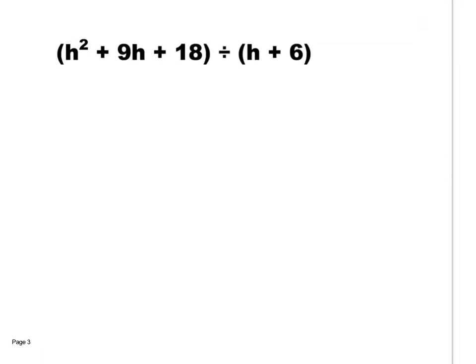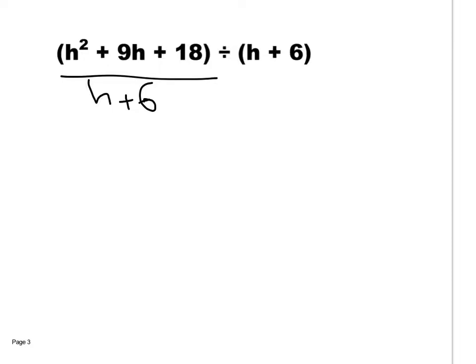Now, all we've been doing before, the last couple problems, was dividing polynomials by monomials. There's one term, so I split each term up. This is dividing by a binomial. I have two terms there. So what I want to do first, I've got this over h plus 6. I want to factor h squared plus 9h plus 18 if I can.